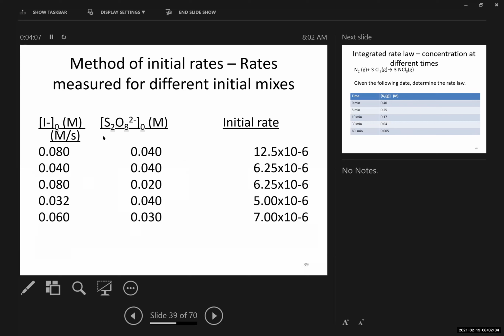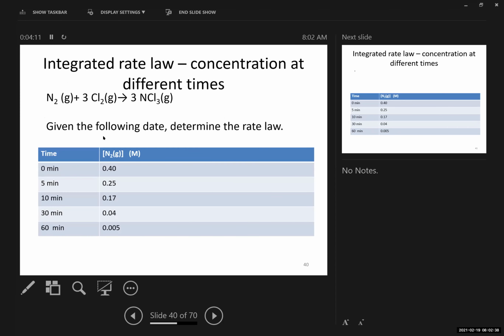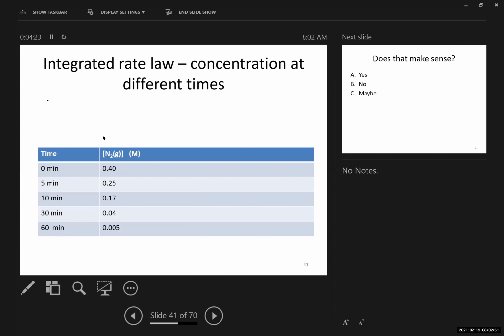That looks similar but different than an integrated rate law problem where time is expressly a parameter. And so I really have one beaker measured at different times.